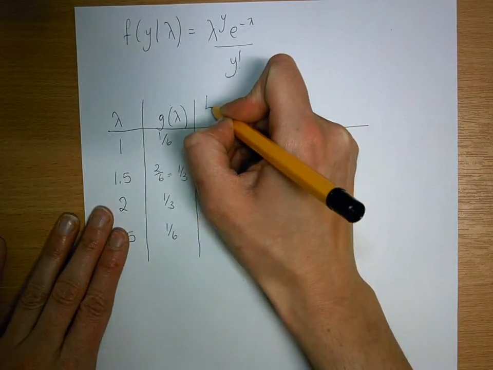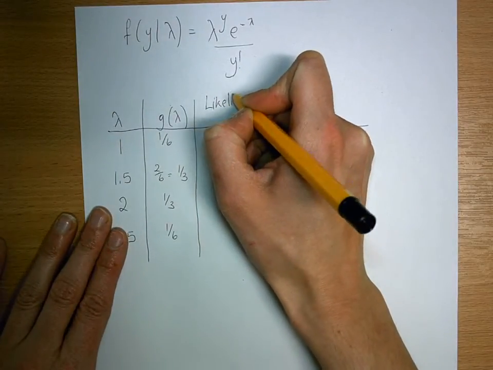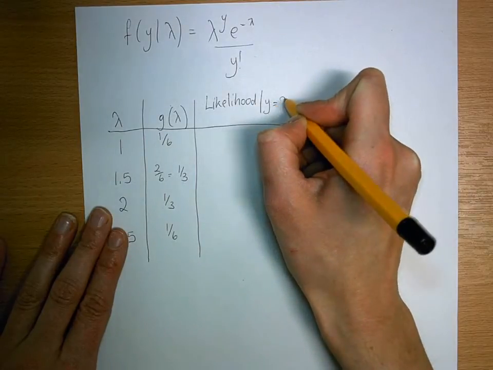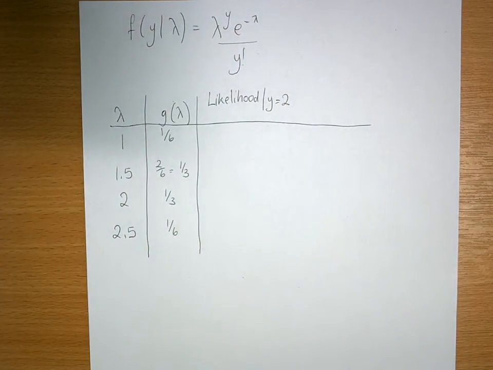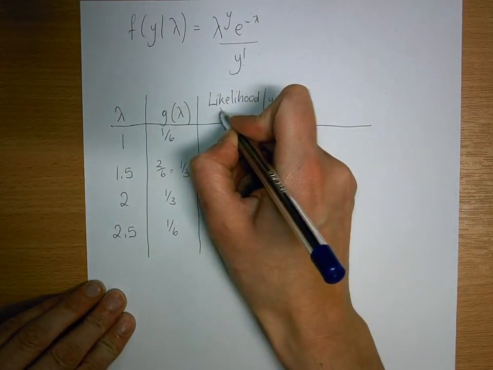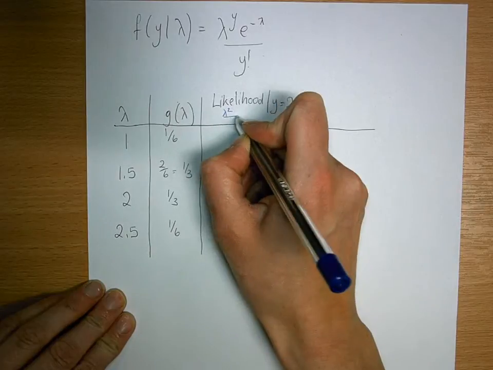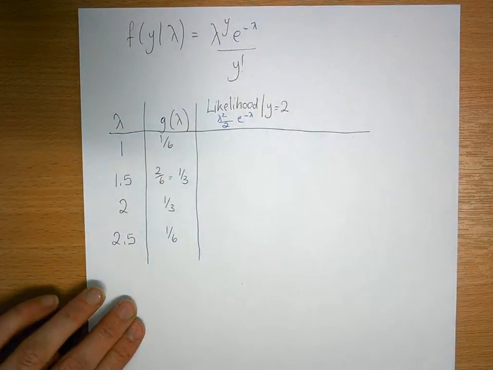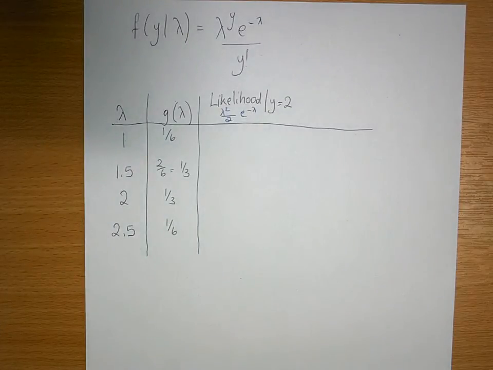So the first thing you write down is your likelihood, given that y equals 2. So that's going to be lambda squared over 2 times e to the minus lambda. Yep, happy enough with that? It's just replacing y with 2. 2 factorial is 2.